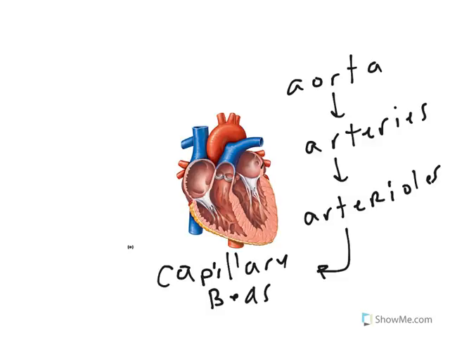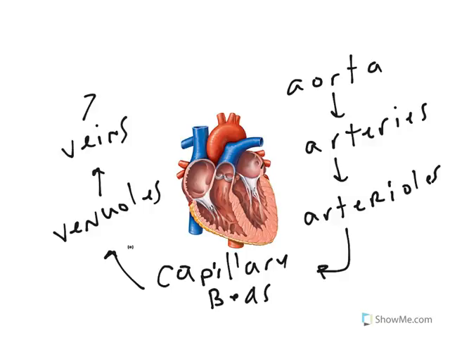From the capillary beds, then we will see the venules, which then merge into veins, which then merge into the IVC/SVC, and then we're back at the heart, starting where we were before, which was the right atrium.